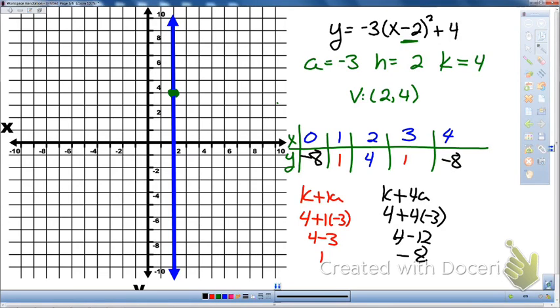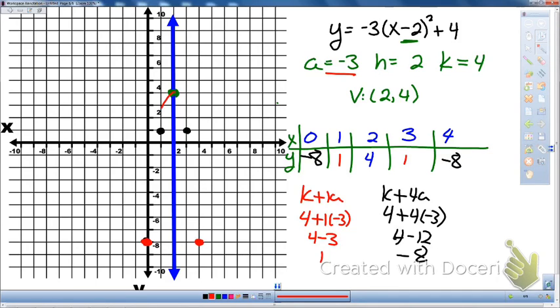Now that we've completed our table, we can graph. 3, 1, 1, 1. 0, -8. 4, -8. Our graph is negative. It's going down because a is negative.